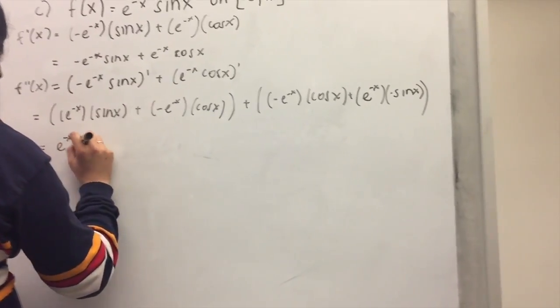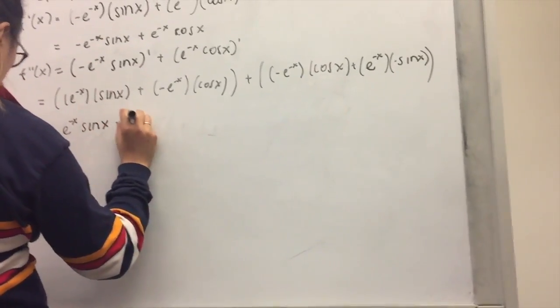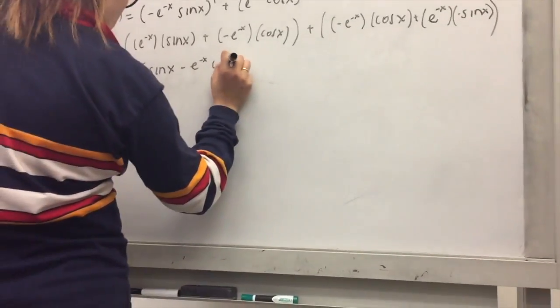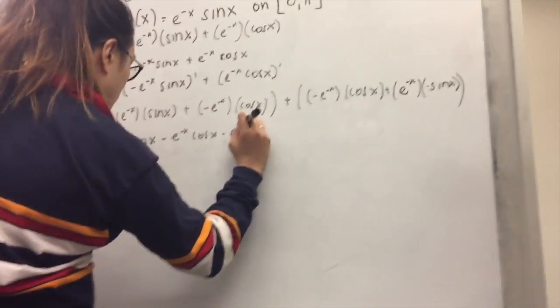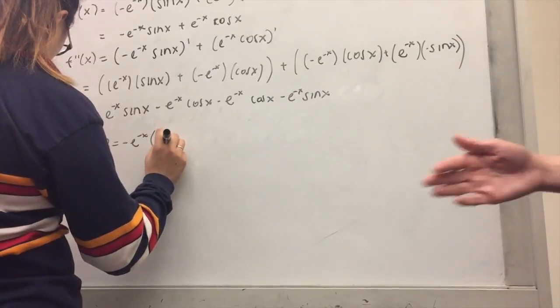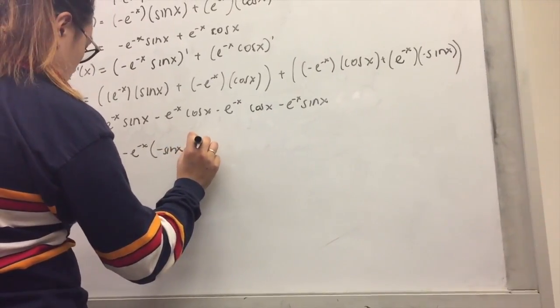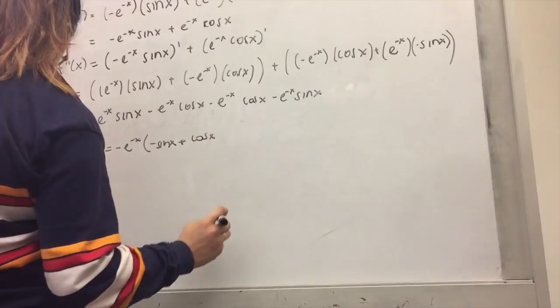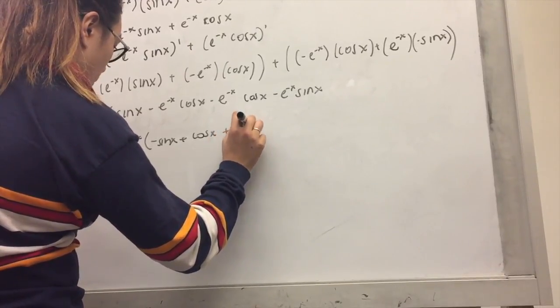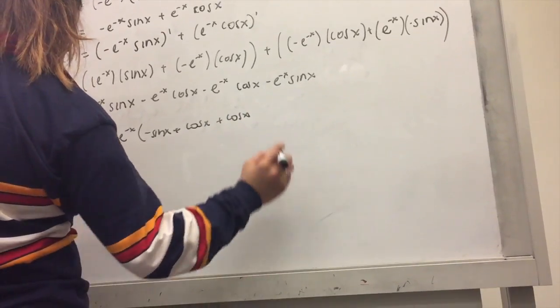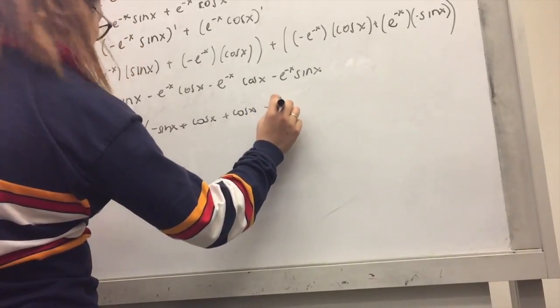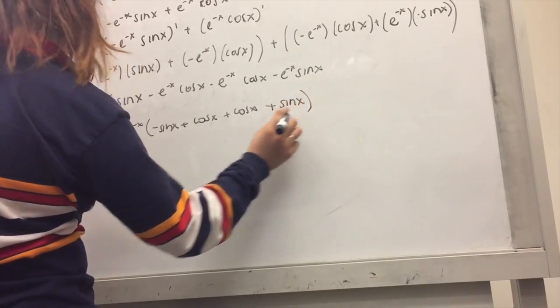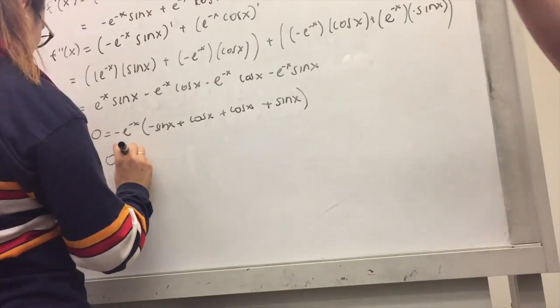And we're going to multiply all of these out to get the same value, just without the parentheses. Once again, you're going to pull out that common factor, negative e to negative x, to get negative sine x plus cos x plus sine of x. You're going to add all these together.